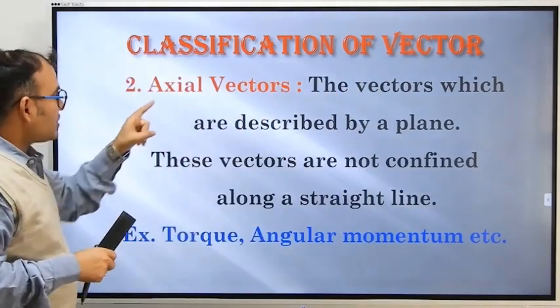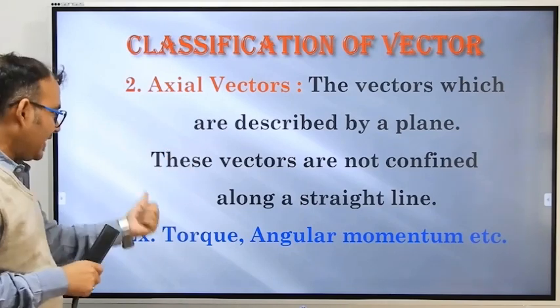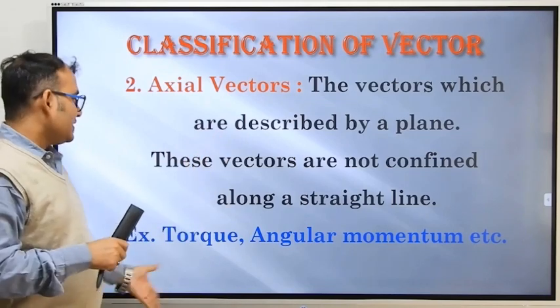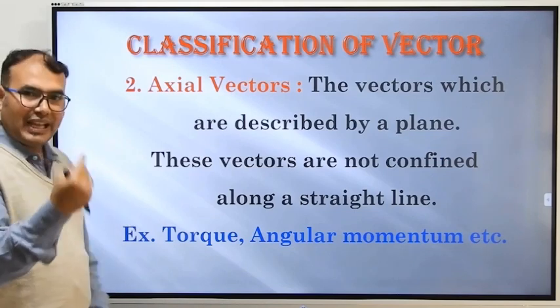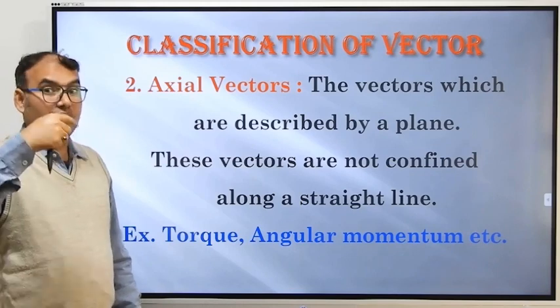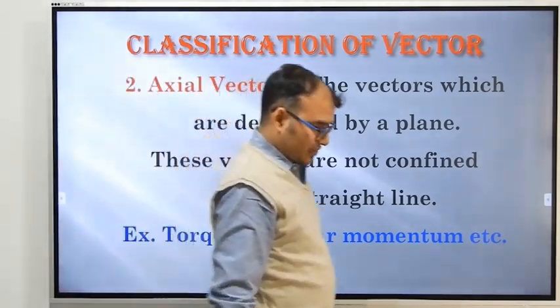The vectors which are described by a plane. These vectors are not confined along a straight line. That means they cannot be represented along a straight line. These vectors are called the axial vector. So torque, angular momentum, angular velocity, any vector which is associated with the rotational motion is an axial vector.